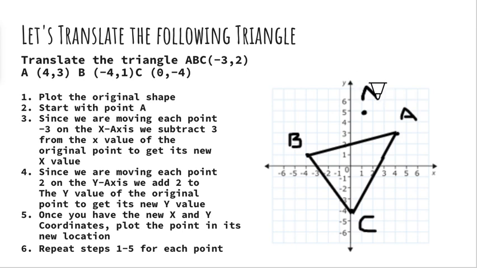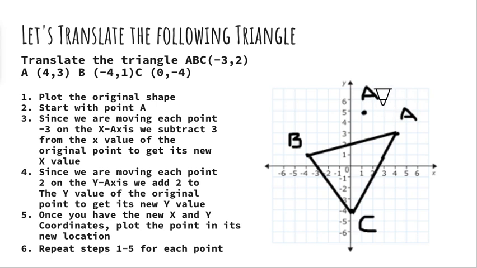Now, when you make a transformation of a point, whether it's a translation, a reflection, a rotation, or a resizing, these are the transformations that I'm going to be showing you how to do.